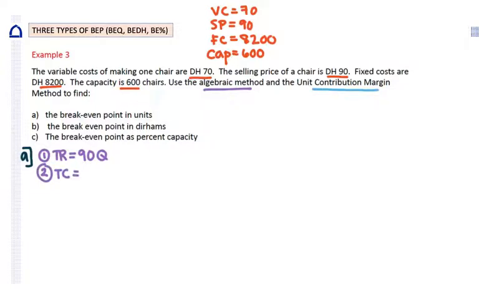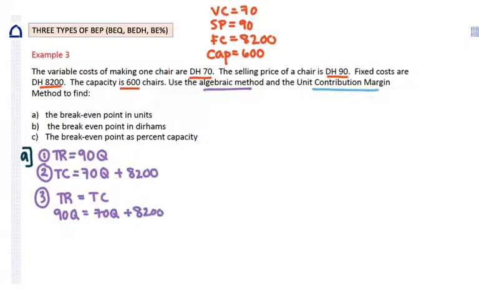Total cost is variable cost times quantity plus the fixed cost. Now our third step is to set total revenue equal to total cost. So we say 90Q equals 70Q plus 8,200.